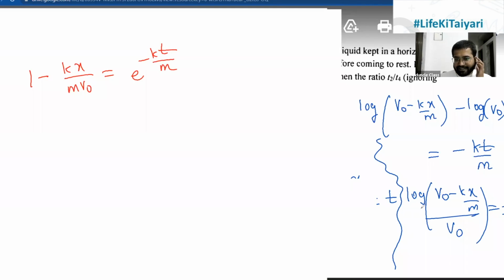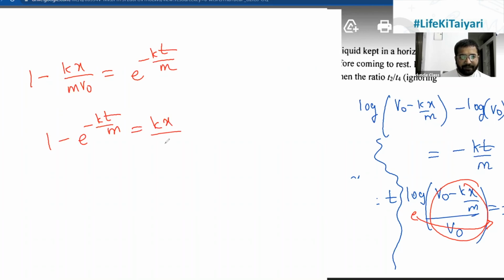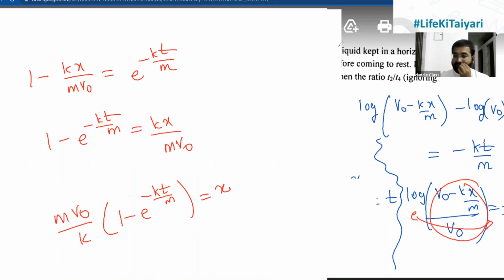Are you with me? I've just taken e on that side, and I've split this part also. So v naught upon v naught is 1 and kx upon m v naught. So 1 minus e raised to minus kt by m is kx upon m v naught. So we have got a relationship: m v naught upon k into 1 minus e raised to minus kt by m is x. So we want to find t.